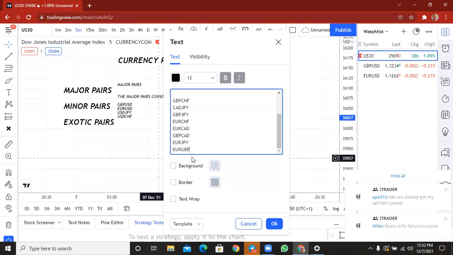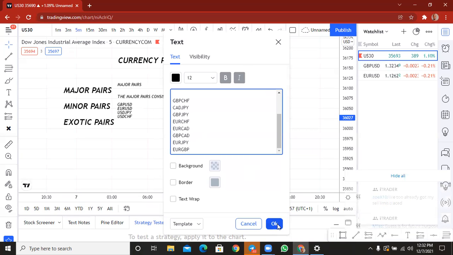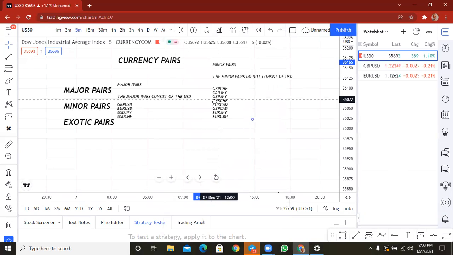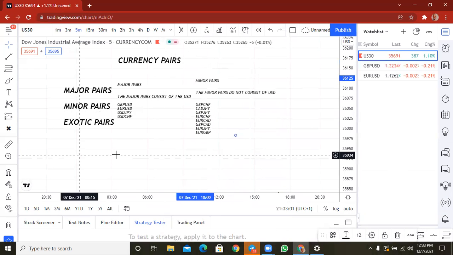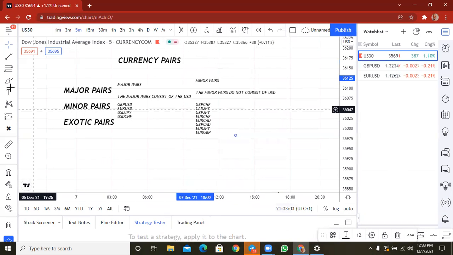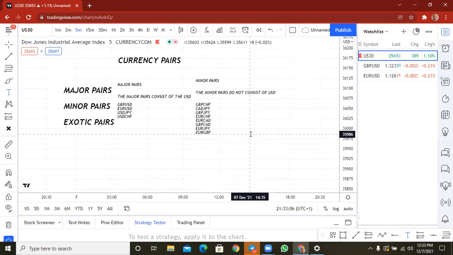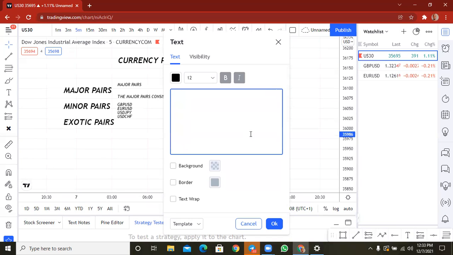But in this case, euro comes before GBP, and this is the only exception you can see. So there are so many other minor pairs. You can search them out online, and here we go. Leave them here. So the next is the exotic pairs.